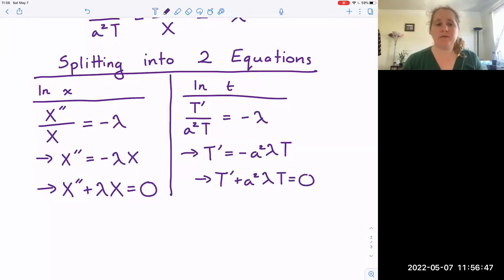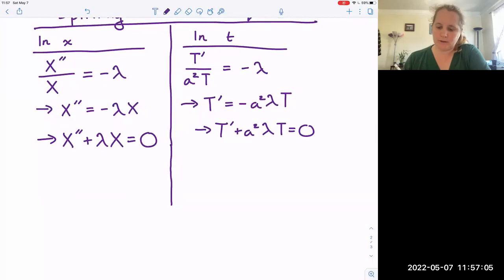If you wanted, we could have left the right-hand equation in the separated form, or we can write it in standard linear form. Furthermore, we can also translate our boundary conditions.